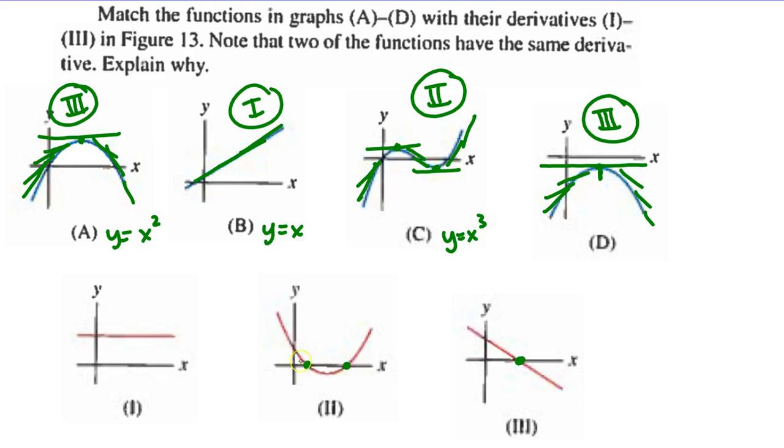And do you notice that the derivative for C is a parabola, so it's something involving x squared? And the derivative for A and D is a line, so it's something involving x. And the derivative for B is just a horizontal line, so it's just some constant. So what happens is each time the derivative has a power that's 1 lower than the original function.